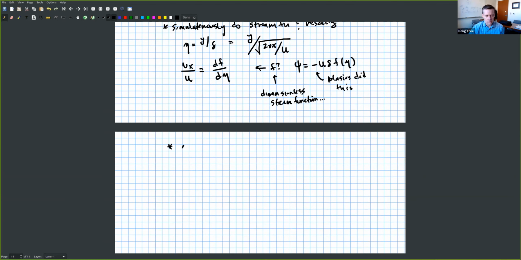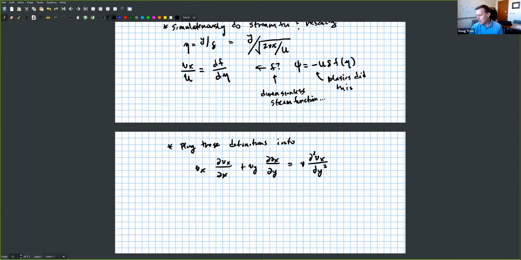So plug these definitions into the following. Vx multiplied by dvx dx plus vy multiplied by dvx dy is equal to nu times the second derivative of Vx with respect to y squared.